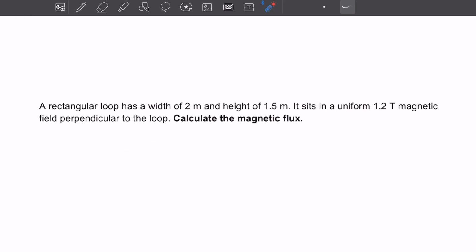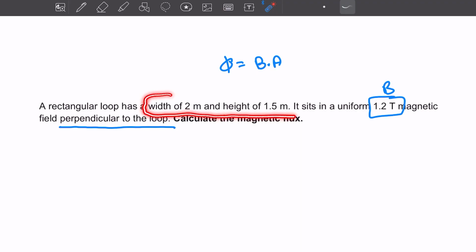A rectangular loop has a width of 2 meters and a height of 1.5 meters. It sits in a uniform 1.2 Tesla magnetic field perpendicular to the loop. Once again, we're being told that it's perpendicular to the loop. So that means we could just say phi equals B times A. Here we have our B, but you'll notice that we don't have an A. We're given a width of 2 meters and a height of 1.5, but we're not given an area.